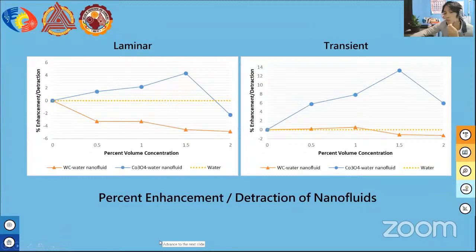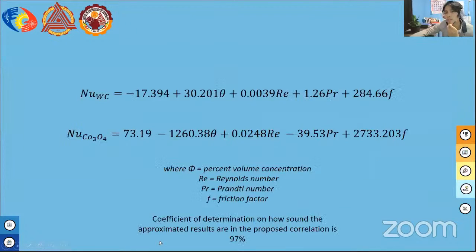Nonetheless, the degree of reduction is considerably lower at such regime compared to laminar conditions. Cobalt oxide nanofluid, however, revealed the best outcomes among all nanofluids in both regimes, exhibiting the highest augmentation of 13.27% at 1.5% volume concentration.